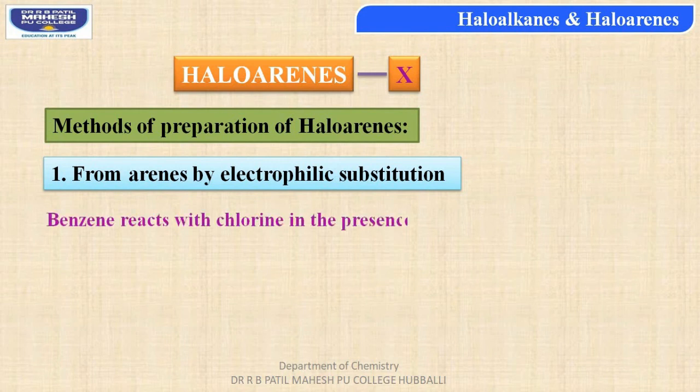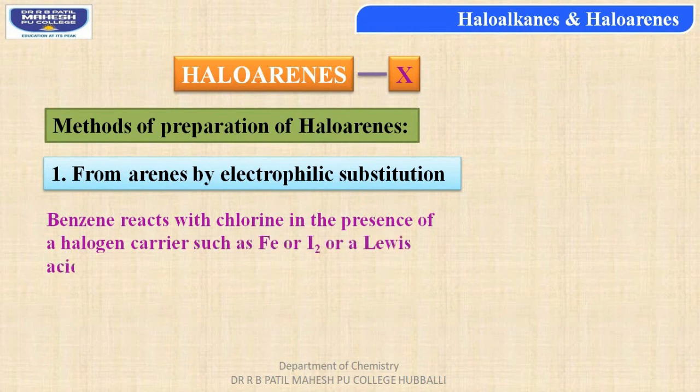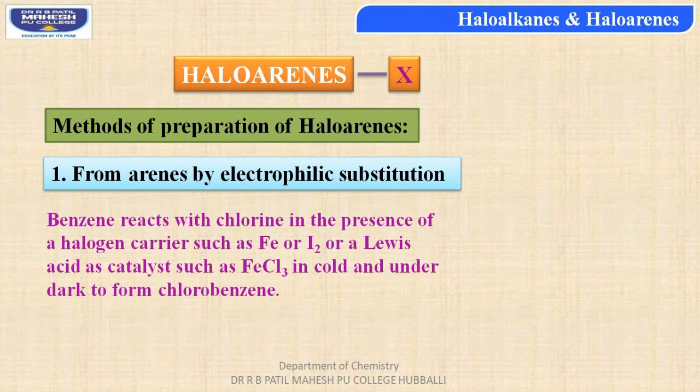Benzene molecule reacts with chlorine in the presence of a halogen carrier such as iron or iodine, or even in the presence of a Lewis acid as the catalyst such as ferric chloride in cold and dark condition to form the chlorobenzene molecule.